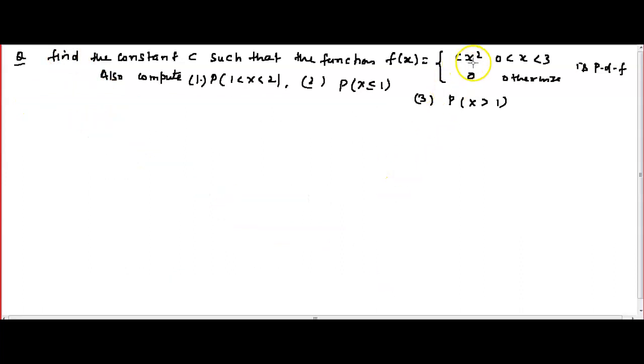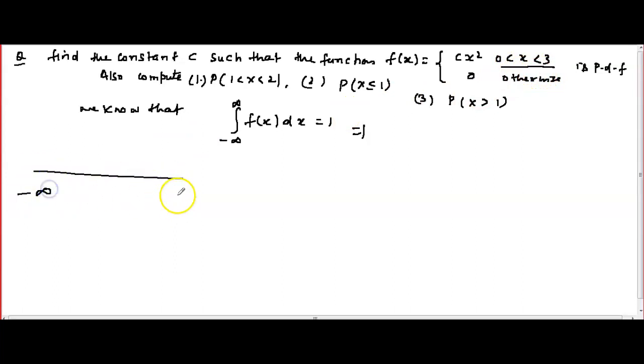What we know is that the integration from minus infinity to infinity of f of x dx is equal to 1, right? But this function is defined only from 0 to 3, so it is just like a discontinuous function. You have to integrate from minus infinity to infinity.